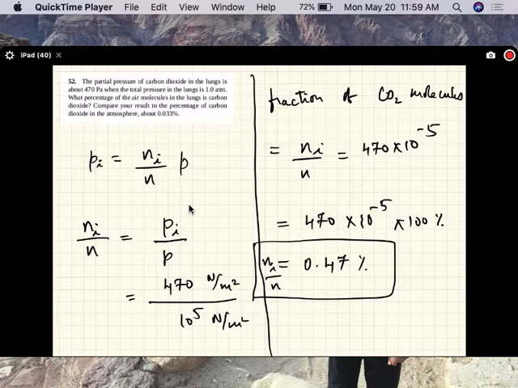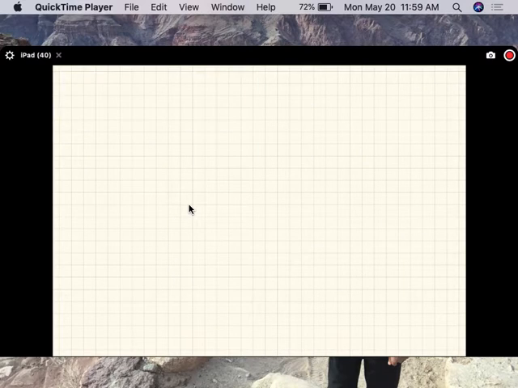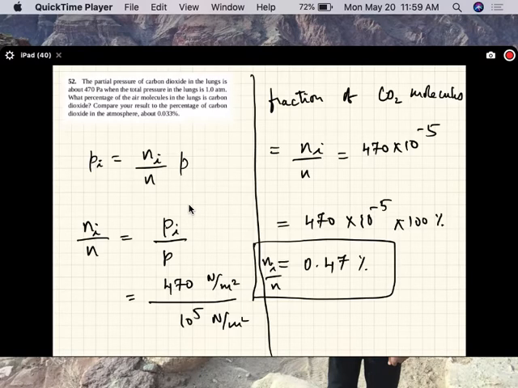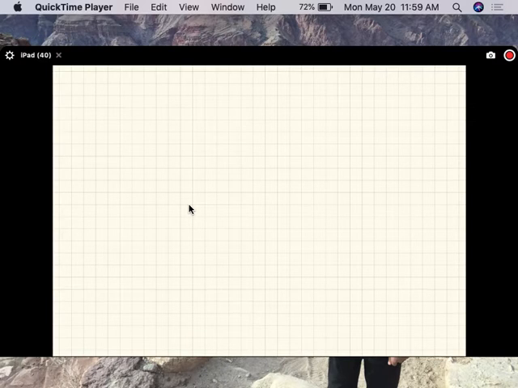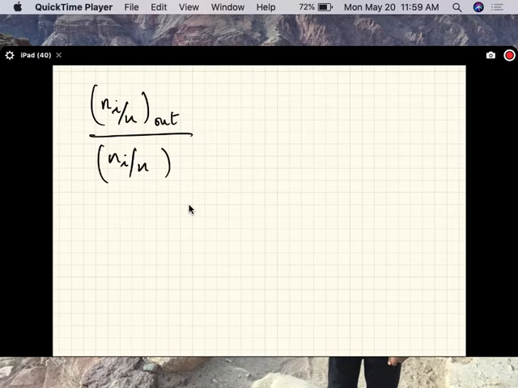So we'll just take the ratio. What do we do? Ni by N when you're breathing out, and Ni by N when you're breathing in. This ratio is what you're calculating. And Ni is the carbon dioxide molecules to air molecules when you're breathing out.